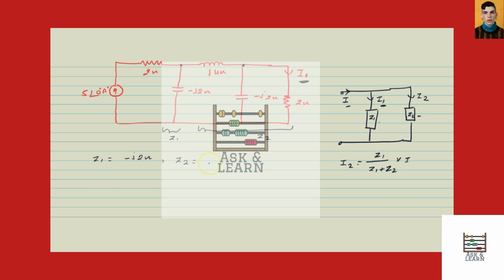So Z2 is j4 plus, these being in parallel, minus j2 ohm parallel 2. Now the value of Z2 is j4 plus minus j4 upon 2 minus j2, which equals 1 plus j3. This is the value of Z2.